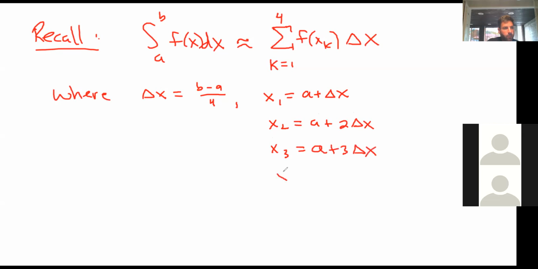And then x sub 4 turns out to just be b. This was the stuff we spent a lot of time in Calc 1 talking about. I hope that you will draw pictures and sort of connect it with our problem.